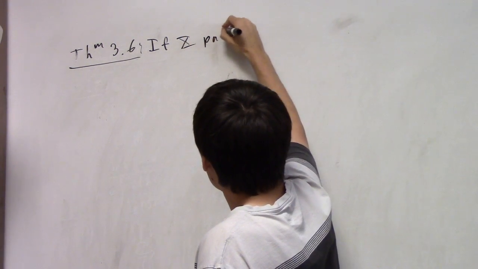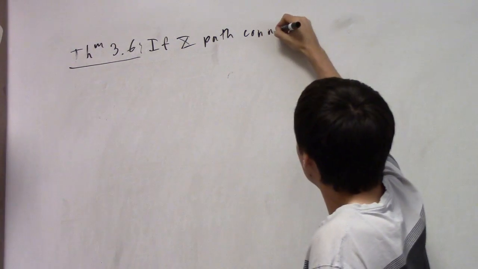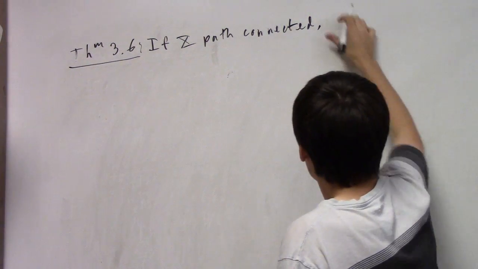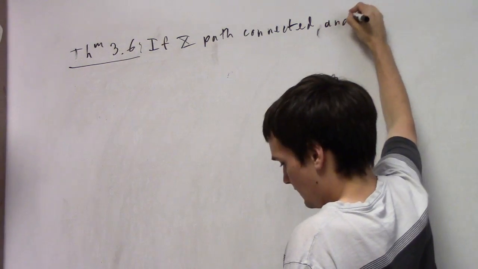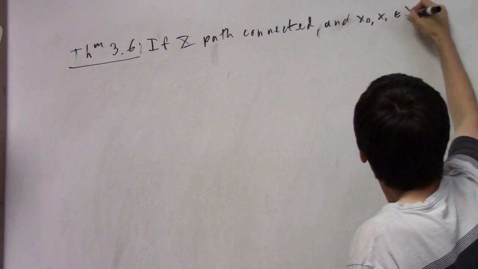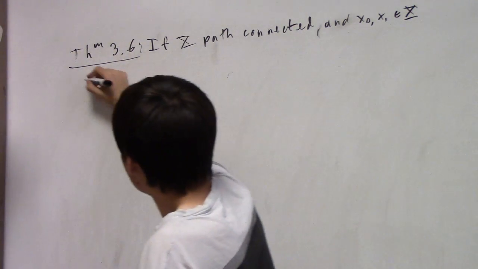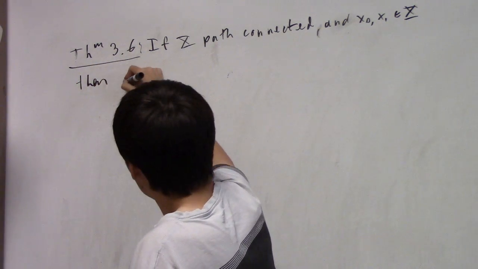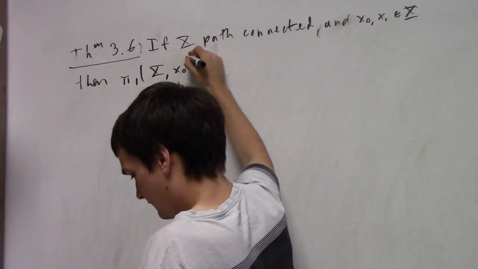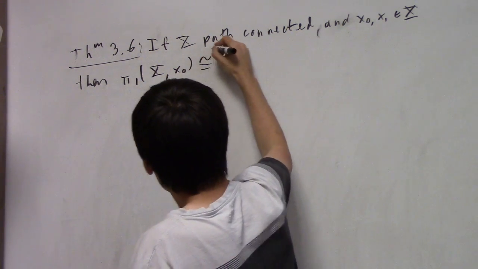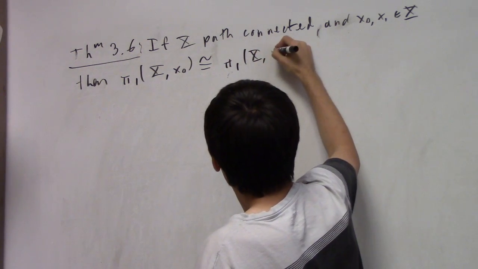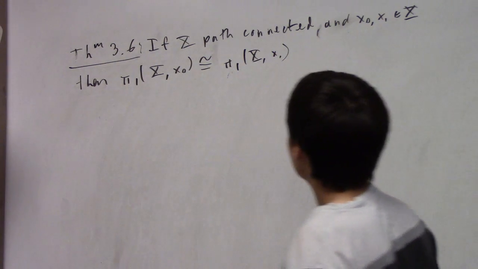If x is path connected, and x naught and x1 are in x, then pi 1 of x at x naught is isomorphic to pi 1 of x at x1.